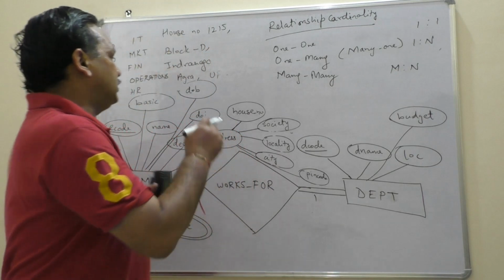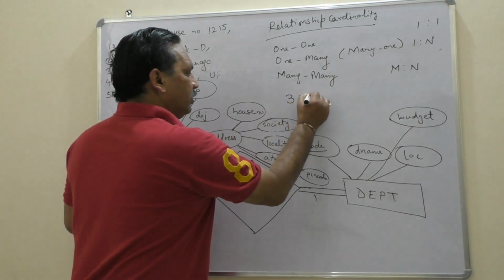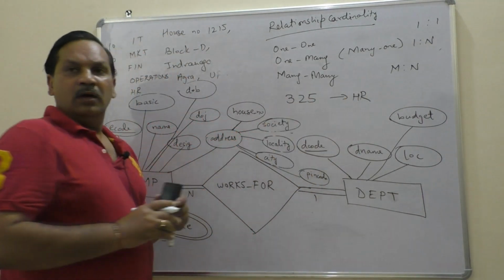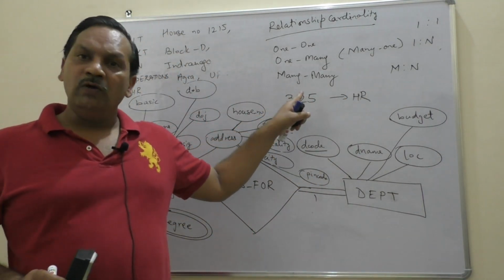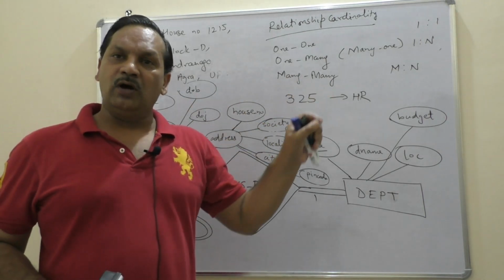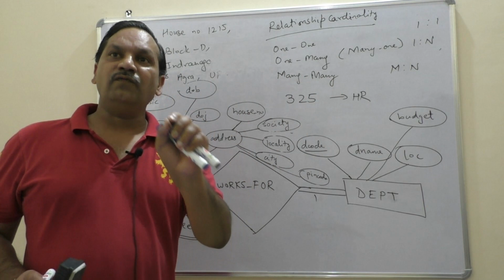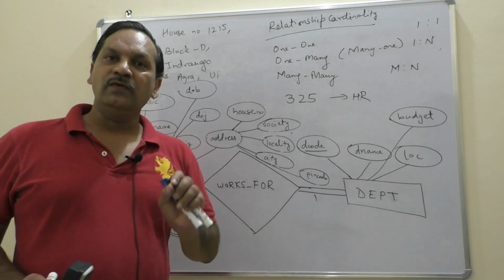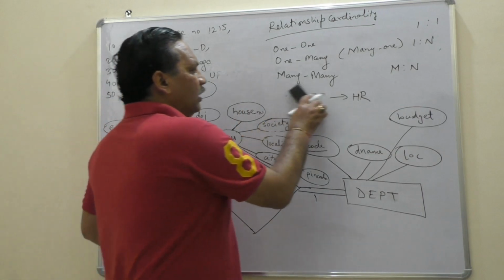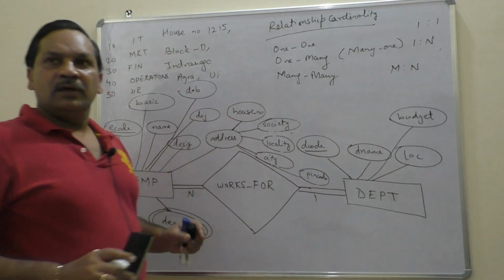Similarly, suppose in the HR department there are 325 employees. See the board. Who will play the role of head? Only one of these 325 employees will play the role of director or the head of the HR department. I repeat, one. Are you getting it?